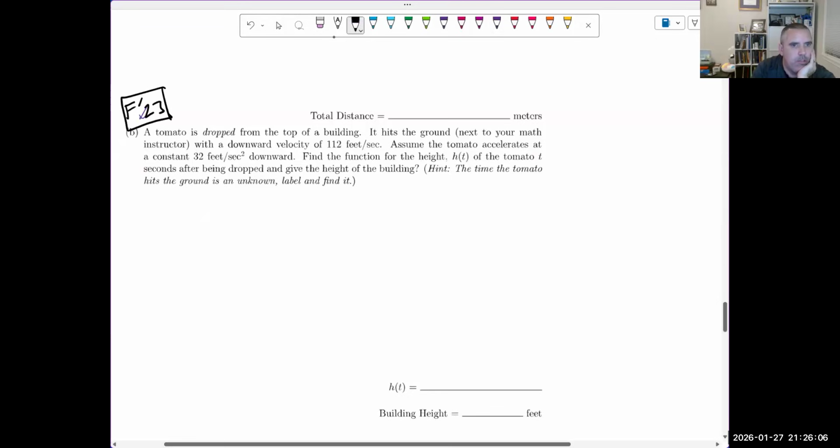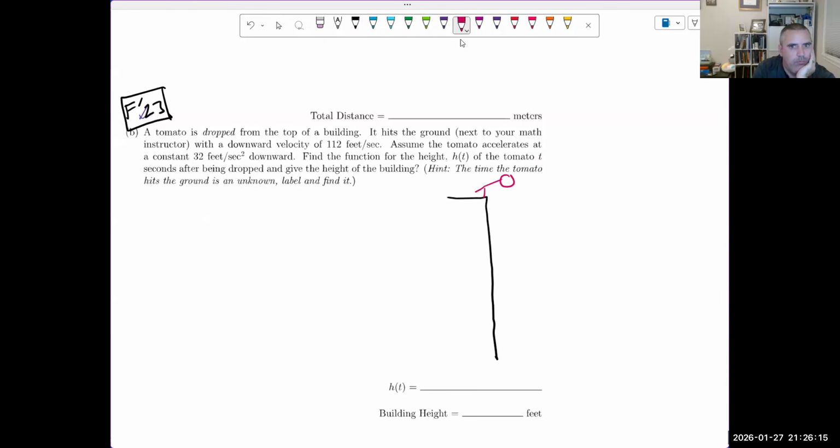23. A tomato is dropped from a tall building. And we need a tomato. Let's give it some velocity here.